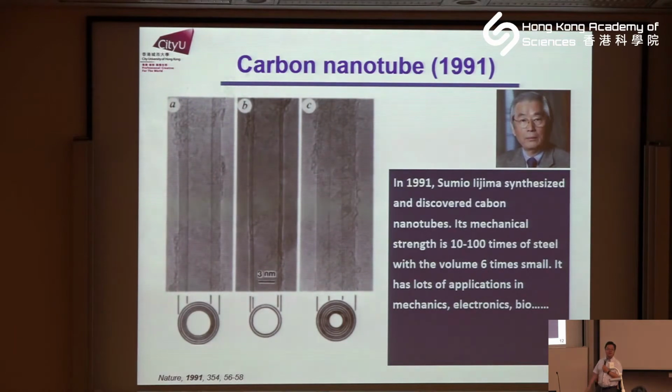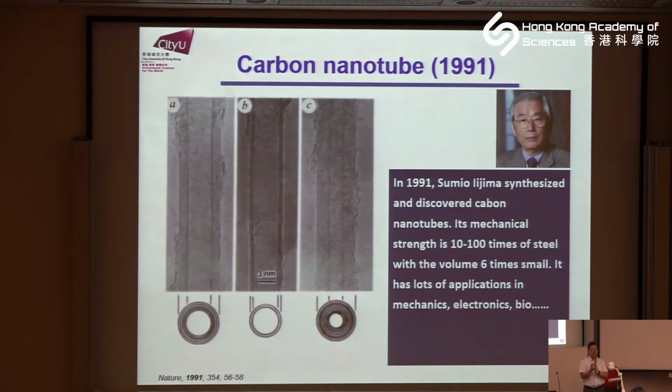Okay, so I think carbon nanotubes, you have heard about this terminology. And one of the beauties of carbon nanotubes is that it just uses a single layer of carbon and wraps it into a tube format. If you have only one layer, it's called single layer carbon nanotube or single wall carbon nanotube.